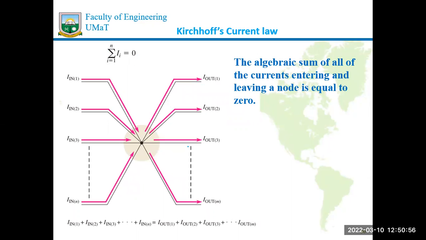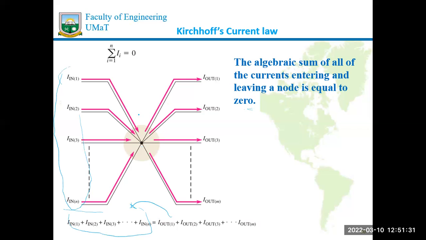Another way of capturing Kirchhoff's current law is to say that the algebraic sum of all the currents entering and leaving a node is equal to 0. So the algebraic sum of all currents entering, which is I in, plus the current moving away, which, when it moves to the other side of the equal sign, becomes a minus.